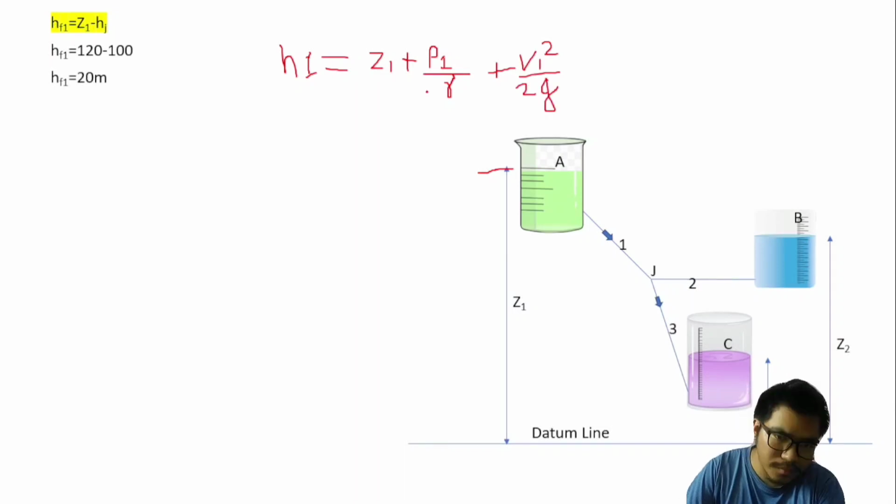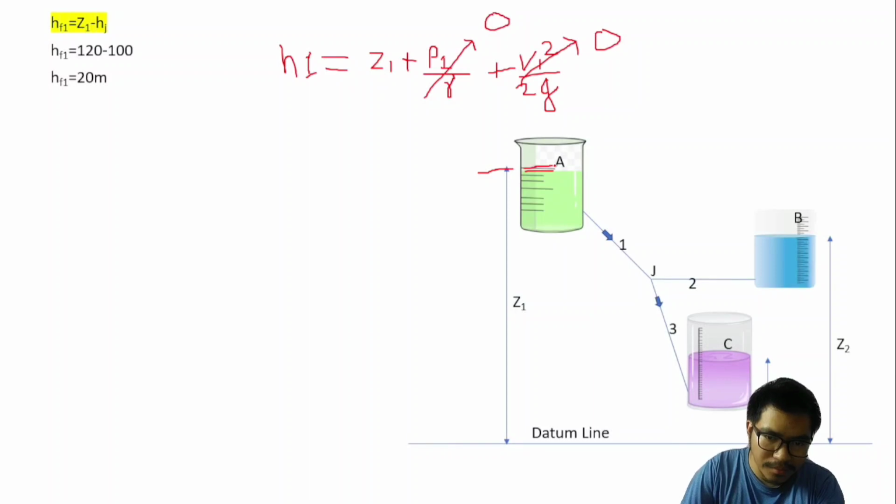The pressure is atmospheric pressure, so gauge pressure is 0, and the velocity here is also 0 because the reservoir is large, its diameter is large compared to the pipe, so the fall of level is very small.